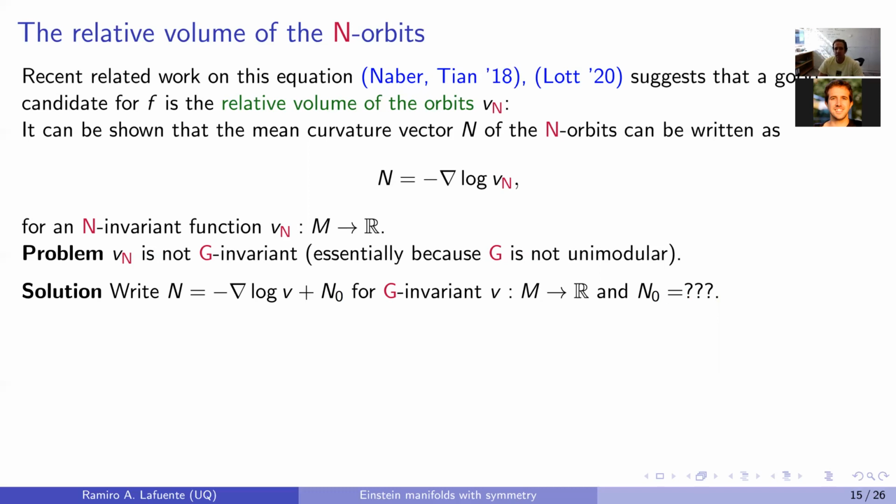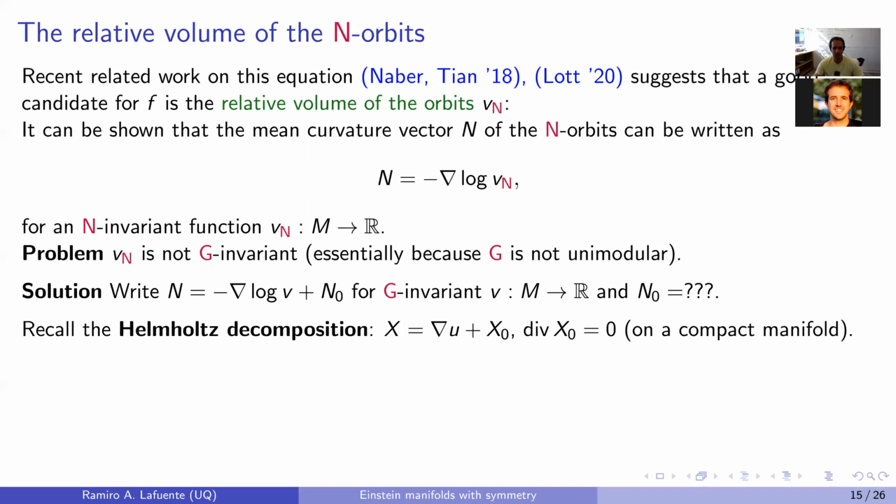So what is natural for us to take? In fact, it turns out that the natural thing to consider is a modified version of the Helmholtz decomposition. Recall that the Helmholtz decomposition is a very classical way of decomposing any vector field as a sum of a gradient vector field and a divergence-free vector field. You can always do this on a compact Riemannian manifold, essentially by solving Poisson's equation.